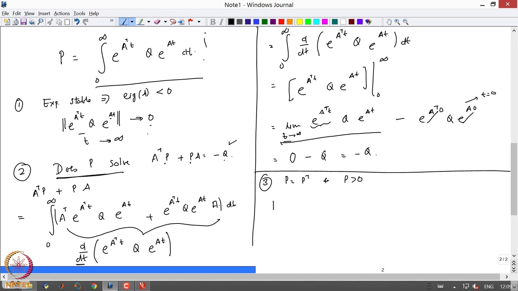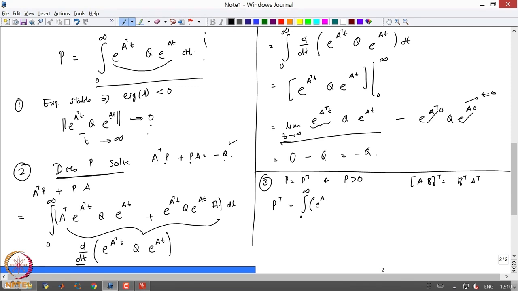Okay. The first step should be easy to check. Start from here. What is P transpose? P transpose is integral 0 to infinity. I just have these 3 matrices and I just invoke the transpose formula. So, I think if I write it correctly, (AB) transpose is B transpose A transpose. Okay, I will just write a little more elaborate steps.